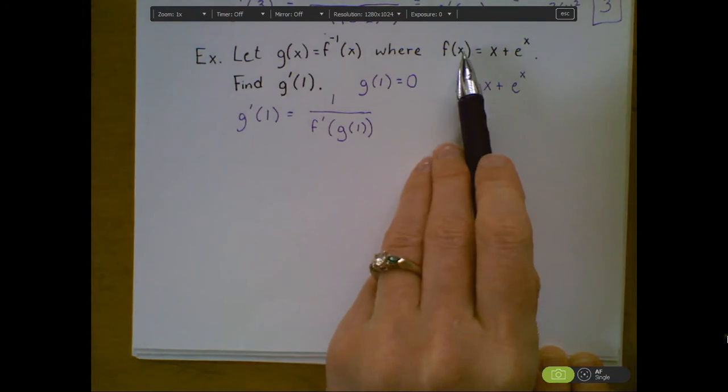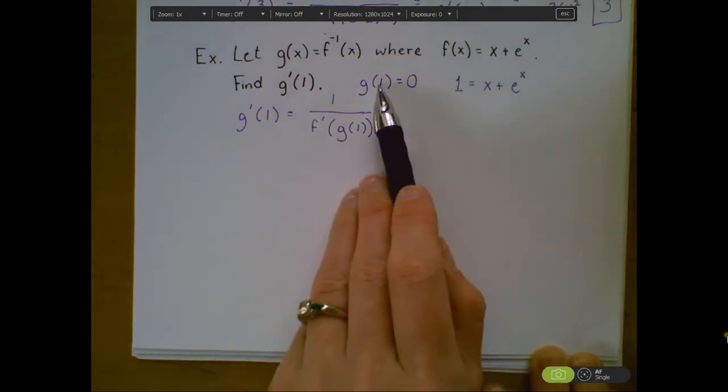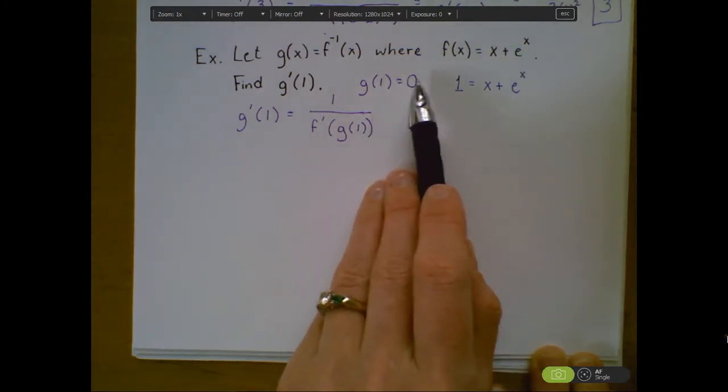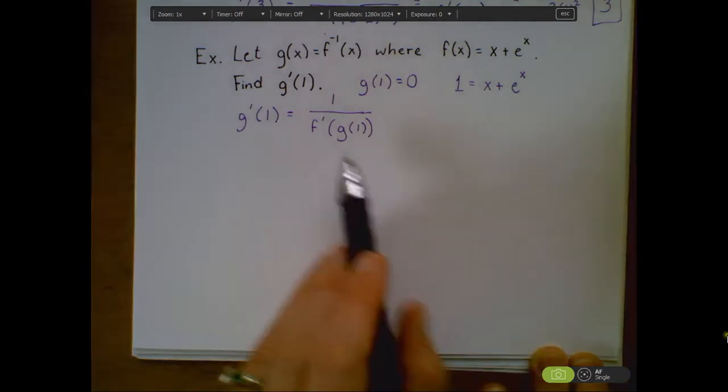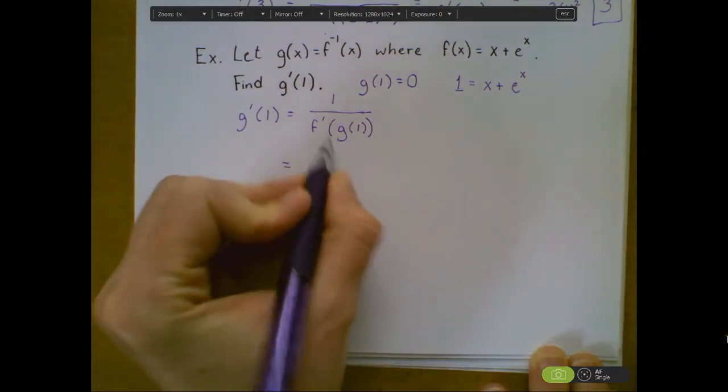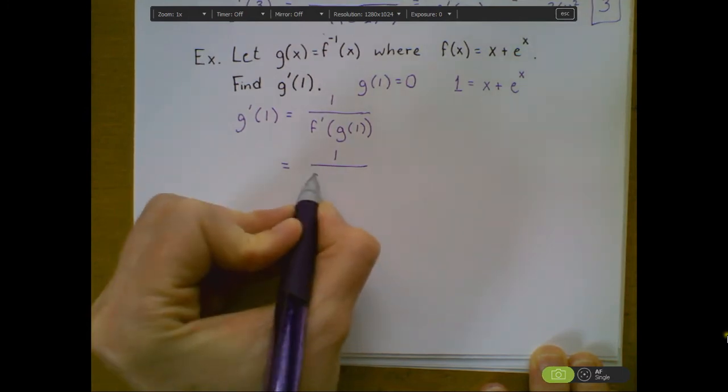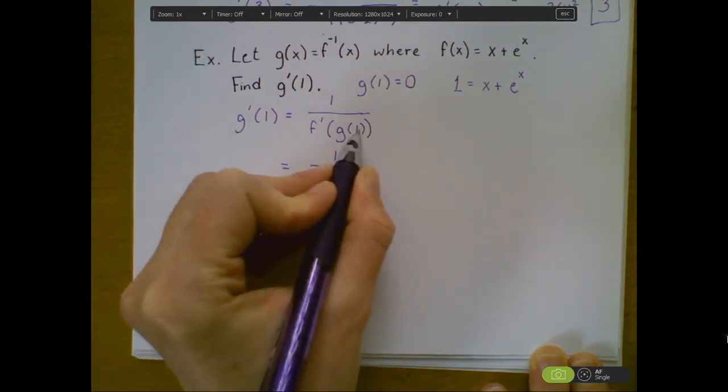Because when I plug 0 into my f function, I get out 1. When I plug 1 into my g function, I get out 0. So that means that we need f prime of g of 1, which is f prime of 0.